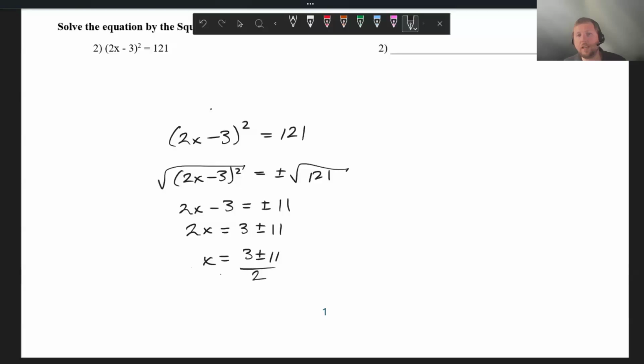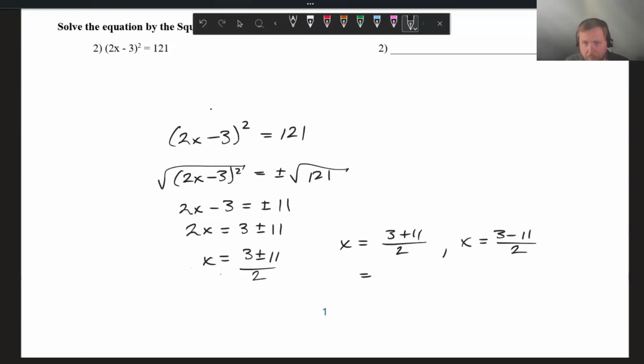Now, if that 11 was a radical, you wouldn't have to worry about simplifying this much further, but there's two distinct answers here. I want to write down x equals 3 plus 11 over 2, and x equals 3 minus 11 over 2.